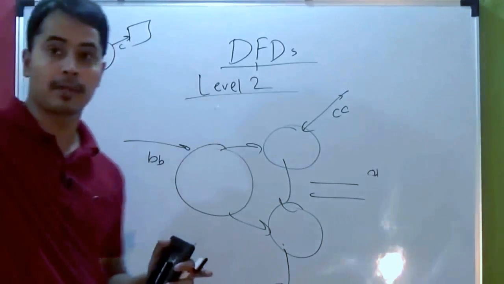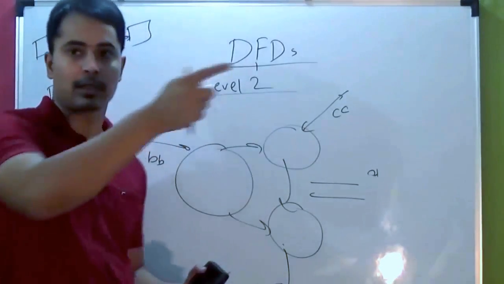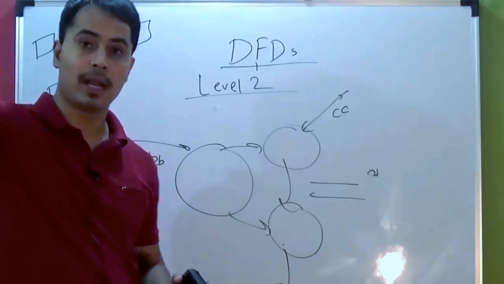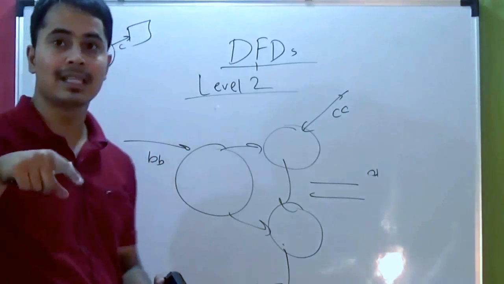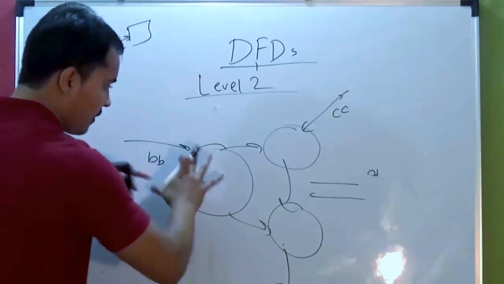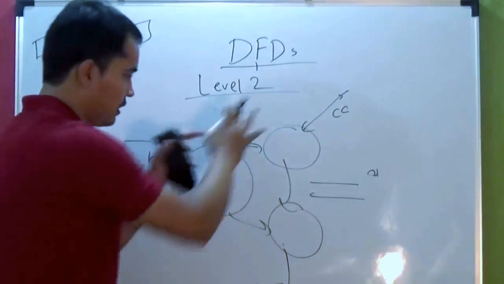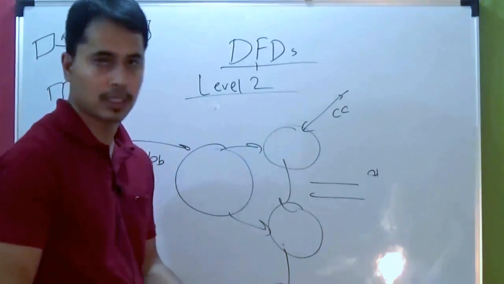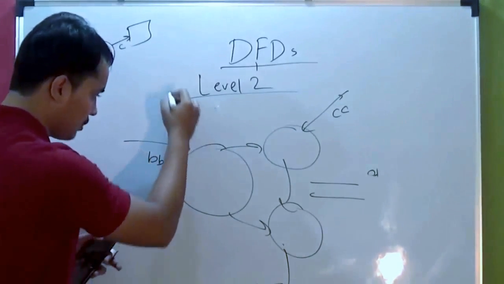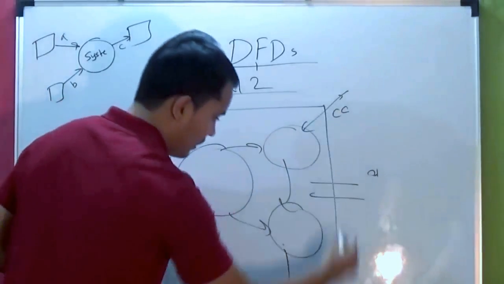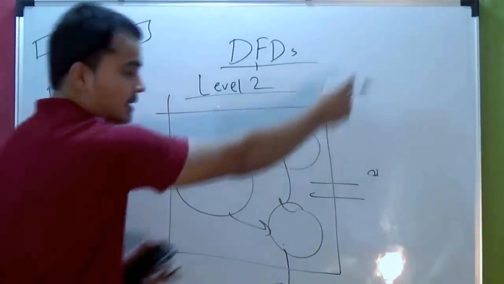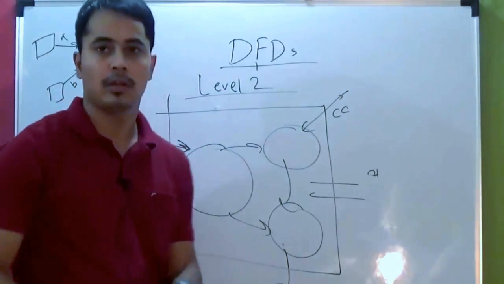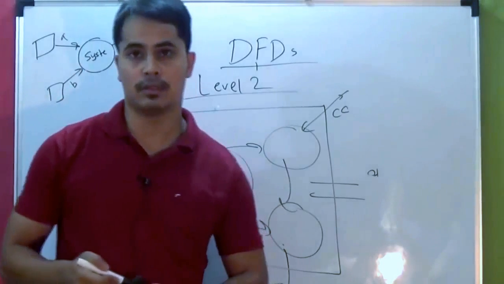The data flows that were present for that subsystem in the level 1 diagram were BB in, CC in, DD out. So even if we decompose that sub-process into a number of processes, still you can see, if you draw a boundary around this system, BB and CC coming in, DD going out. So we have preserved the data flows.